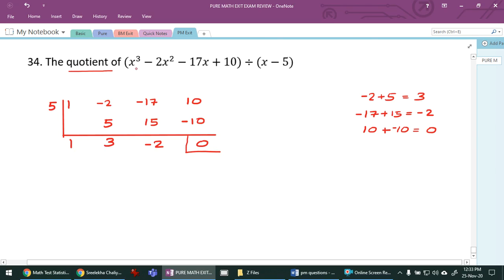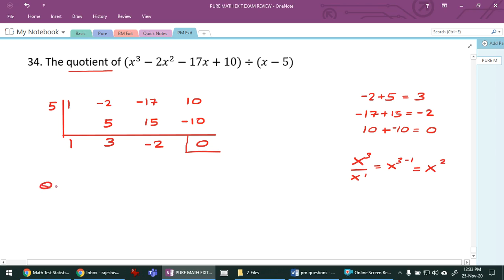Now here you are dividing x power 3 by x power 1. So x power 3 by x power 1 will give you x power 3 minus 1, that is x power 2. So here we have to write with x now.